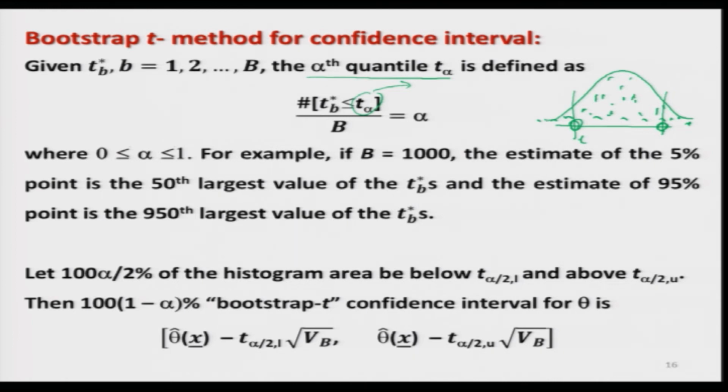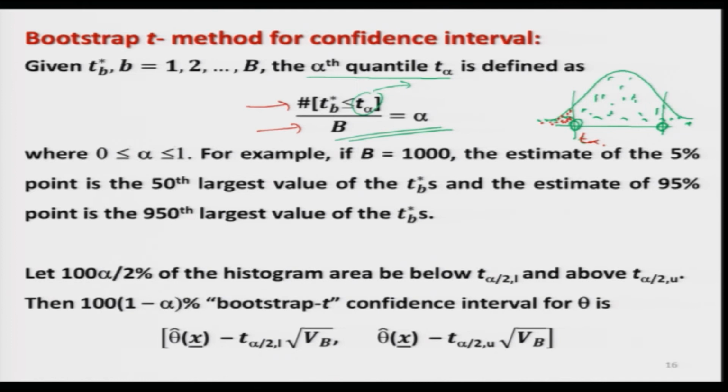You can see all these values; I will mark them in red color, right. Suppose these are the values which are smaller than T alpha. I compute the number and divide it by the total number of values. This will give me the proportion, and from there I can compute this alpha, where alpha will be between 0 and 1.